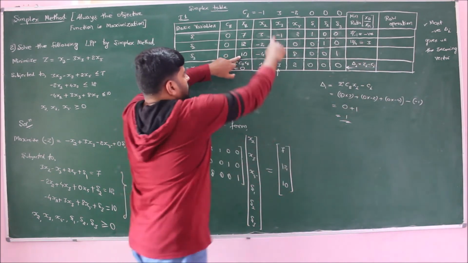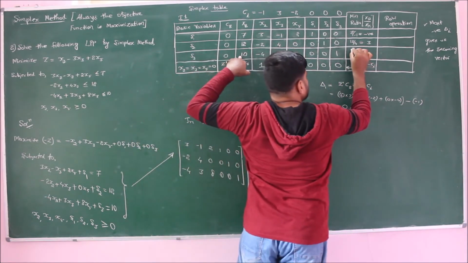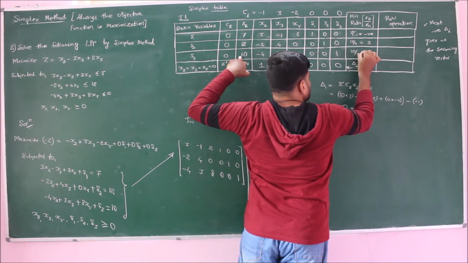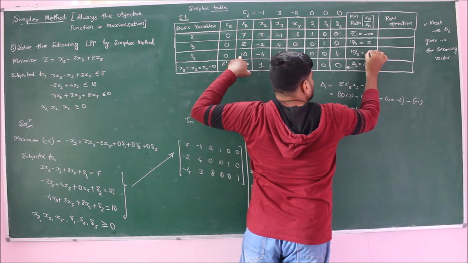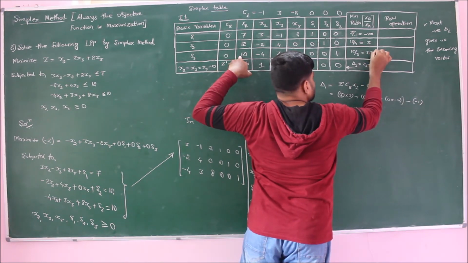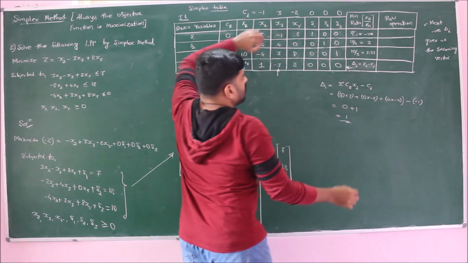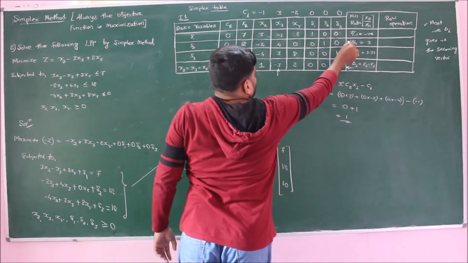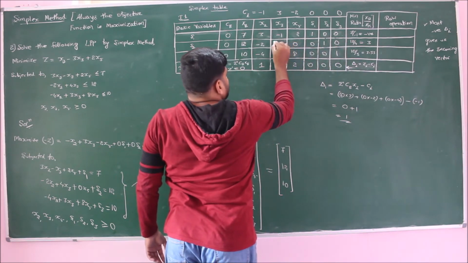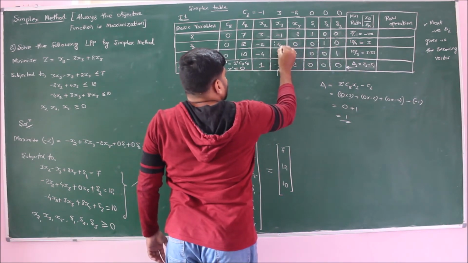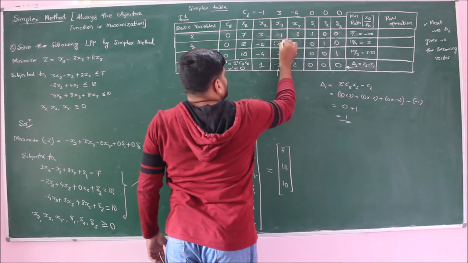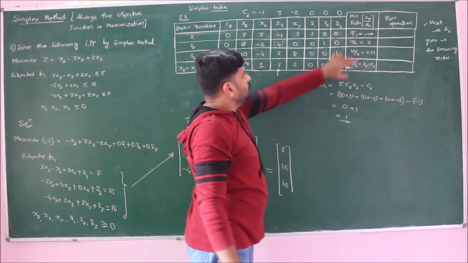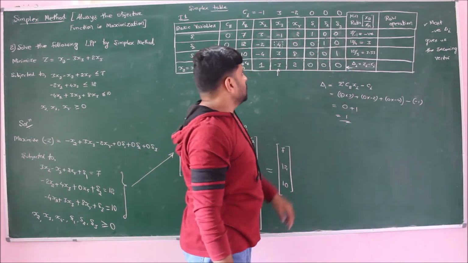Coming to 10 by 3, I get the value as 3.33. So therefore the minimum of 3 and 3.33 is 3. So freezing the element, 4 will become the key element for us.